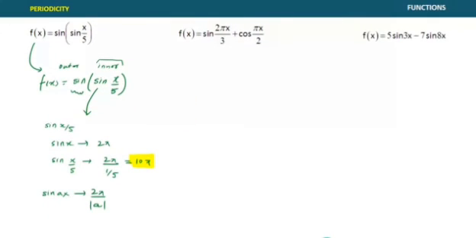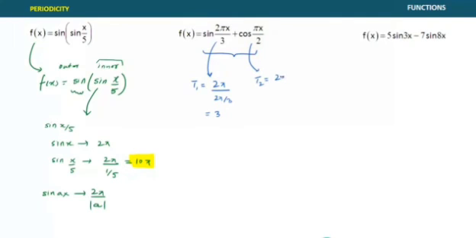Okay. Let's solve the other problem. You need to find the period of the sum of two functions. Tell me first of all the period of this first one, let's call the period T1. It will be 2 pi divided by the coefficient of x, which is 2 pi by 2 pi by 3, which becomes 3. Similarly, solve this one. This becomes T2. What is the period?